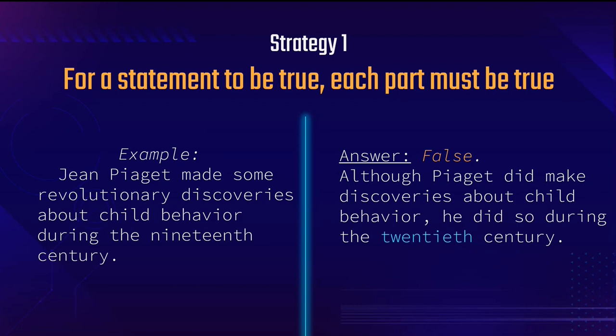For example, Jean Piaget made some revolutionary discoveries about child behavior during the 19th century. The answer is false. Although Piaget did make discoveries about child behavior, he did so during the 20th century.